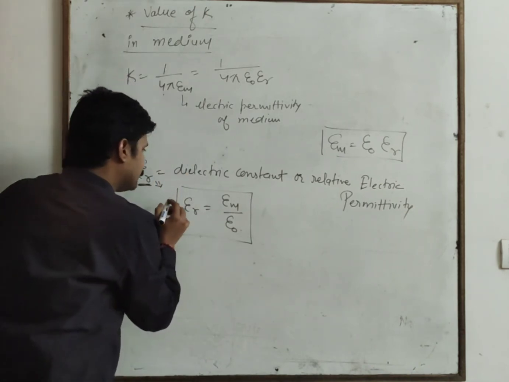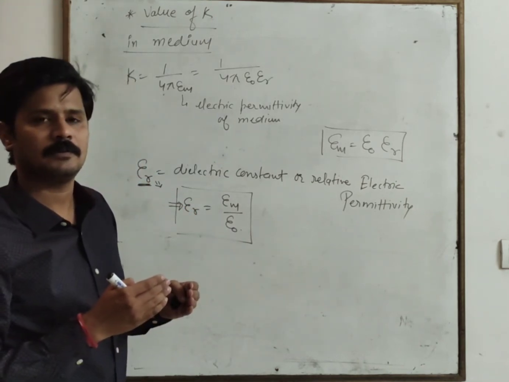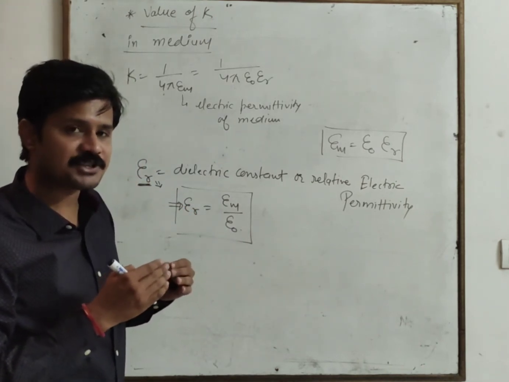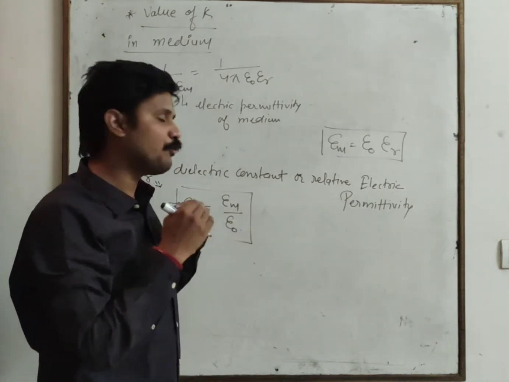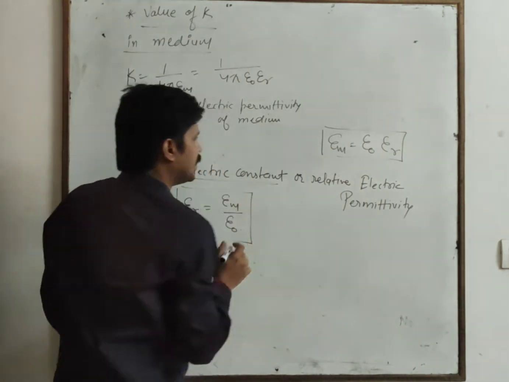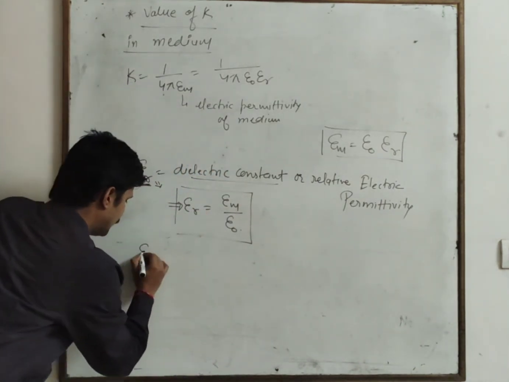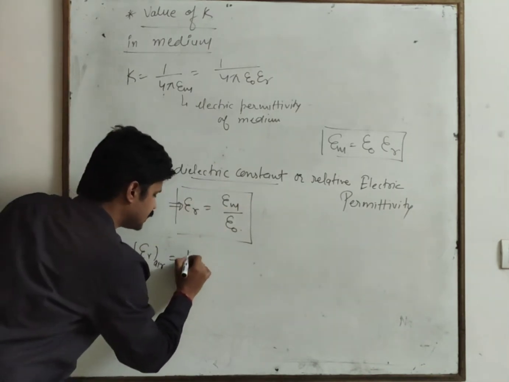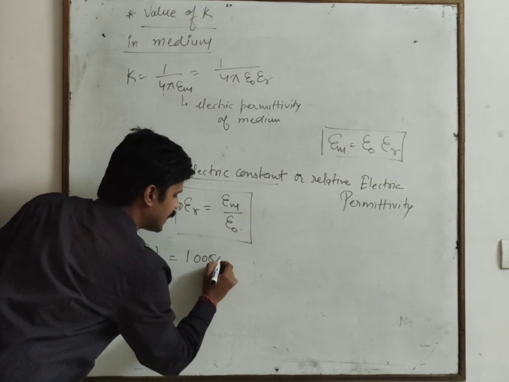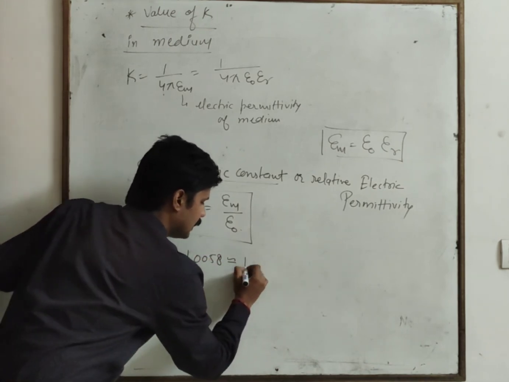It means a dielectric constant is a comparison of field. For different medium, the value of dielectric constant is different. Like for air, the value of dielectric constant is 1.0058. We can approximately write equal to 1.